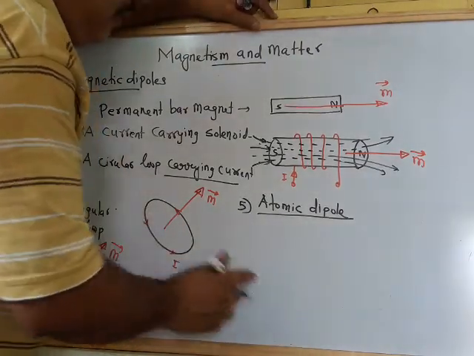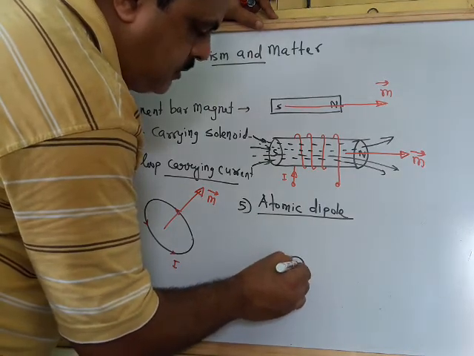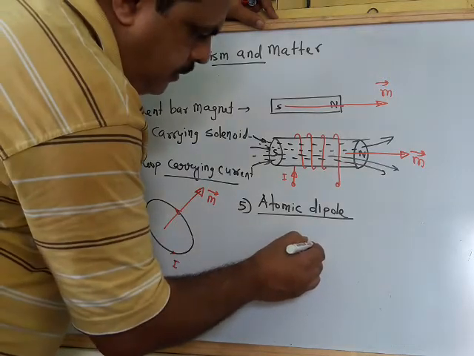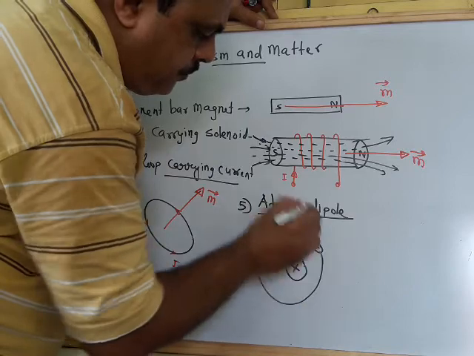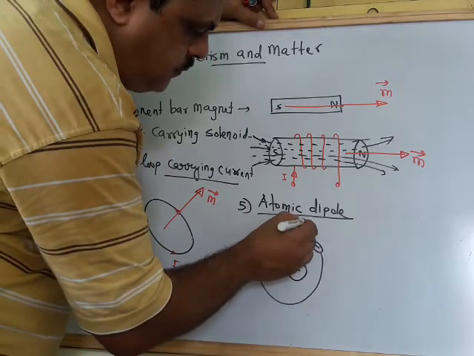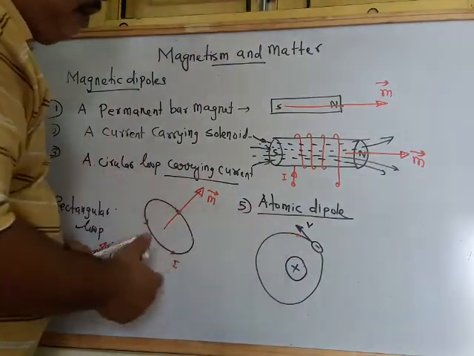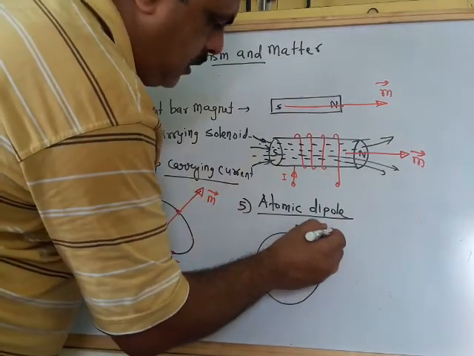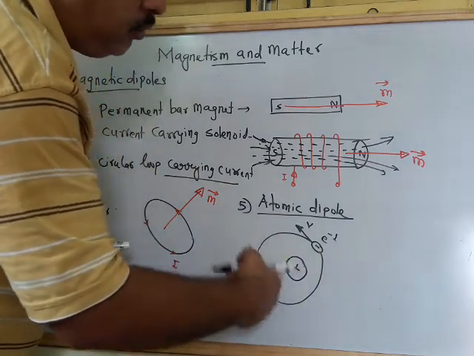If you consider, say, there is a center nucleus having a positive charge, and you know that there is an electron, it revolves around the nucleus. So electrons are revolving around the nucleus with some velocity. This electron is a charged particle, and this charged particle will revolve around the nucleus.